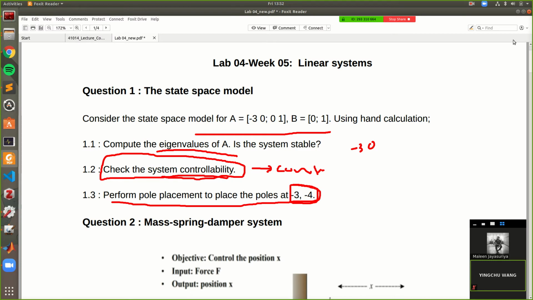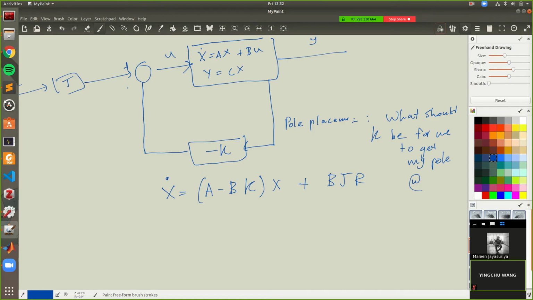How should I design my controller so that I get my poles at -3, -4? So how do you do that?